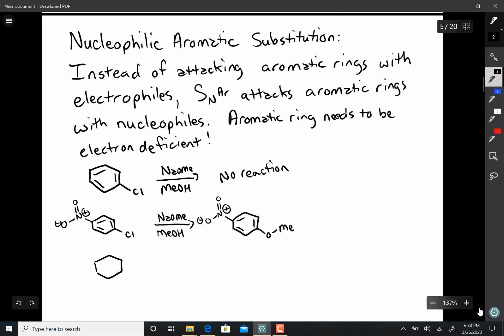If the nitro is in the 2 position, ortho to the chlorine, you can displace it.